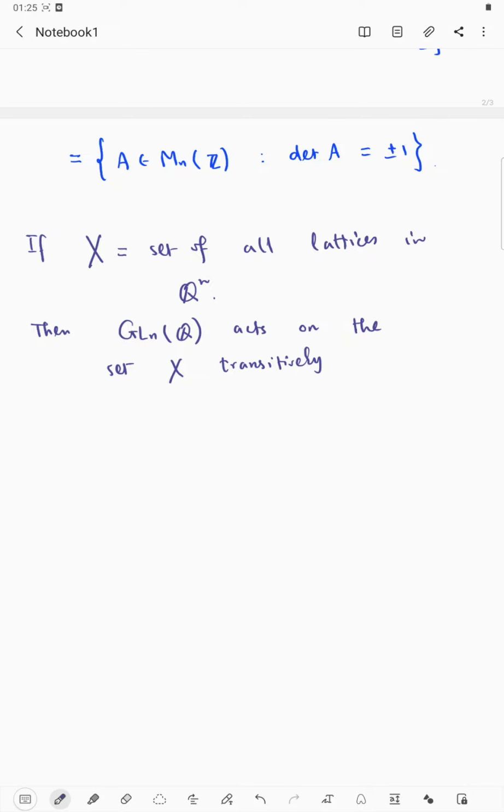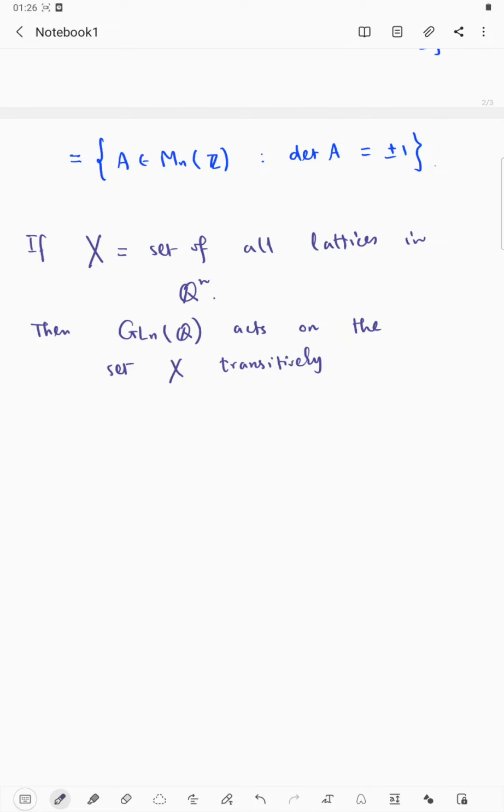Those of you who don't know about group actions, see some standard book on group actions, and then you can see what a group action is, what a transitive action is, what it means that a group acts on a set transitively, and stabilizers and all these things.